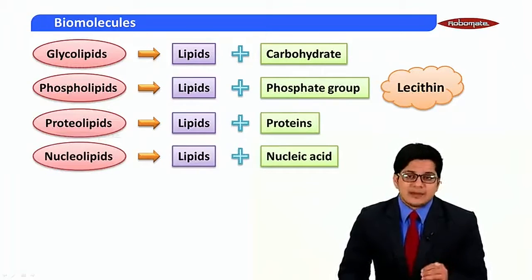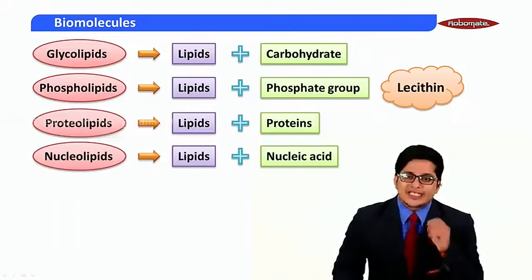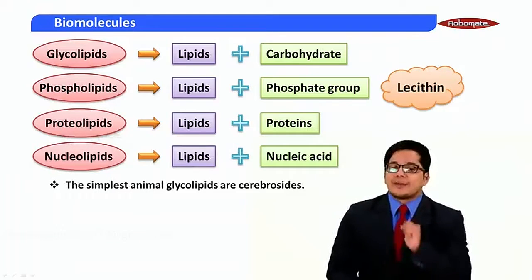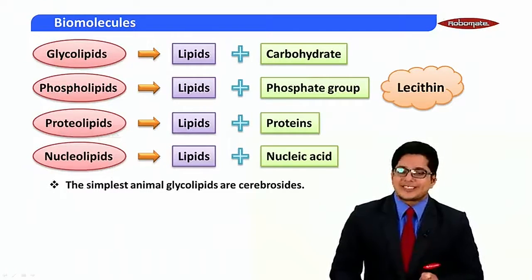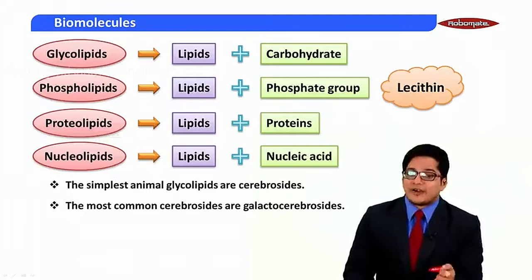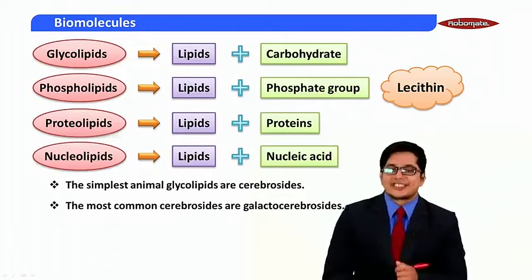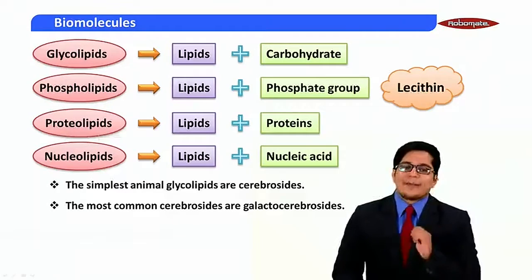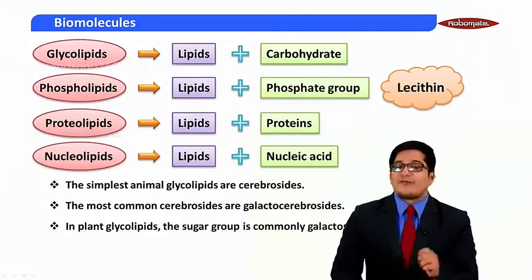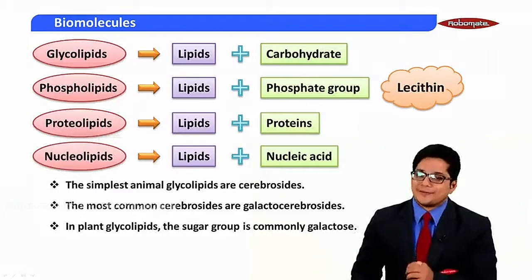Now, some shorthand points for complex lipids need to be remembered. The first point says that the simple animal glycolipids are cerebrosides, and the most common cerebroside found is galactocerebroside. Students, this is a glycolipid, and the most common glycolipids formed in plants consist of galactose sugar.